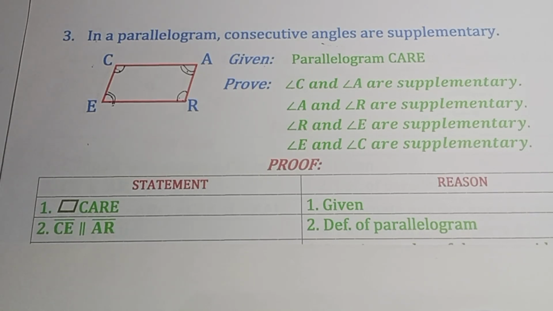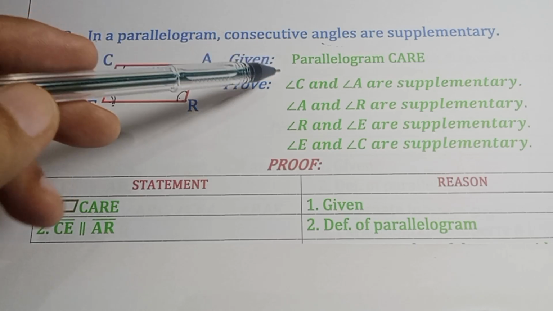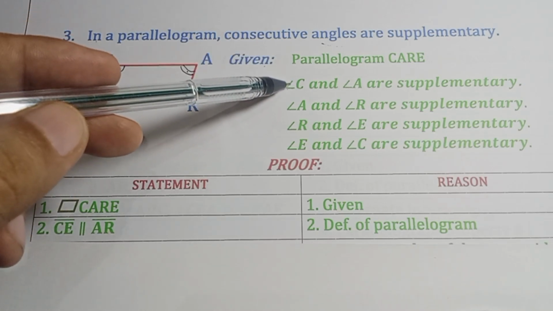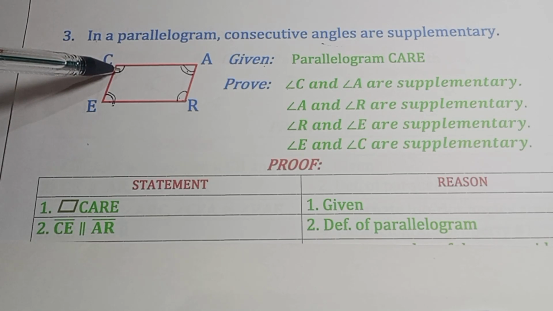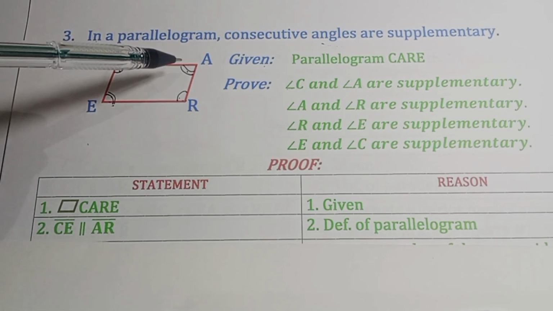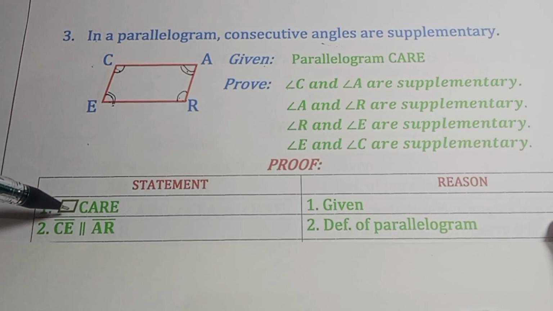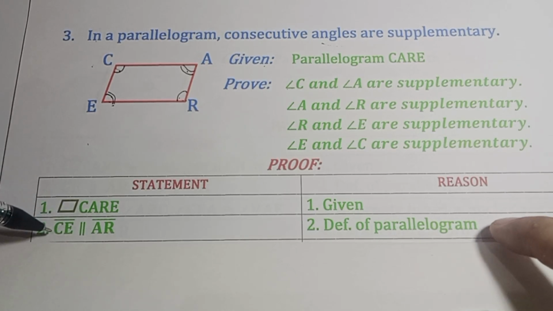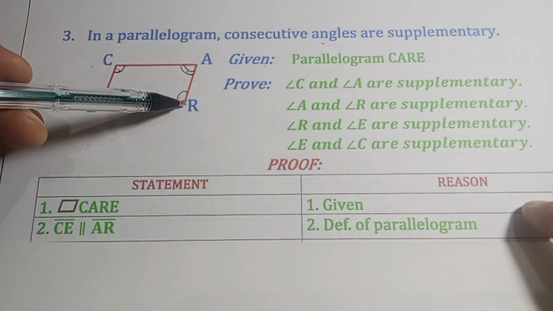By the way, since we are proving the first consecutive angle, that is C and A, let us analyze. Now, here we have already a parallelogram, and then we have CE is parallel to AR.